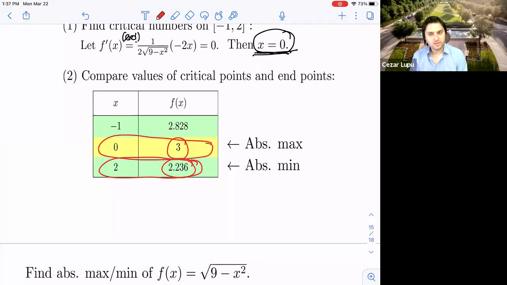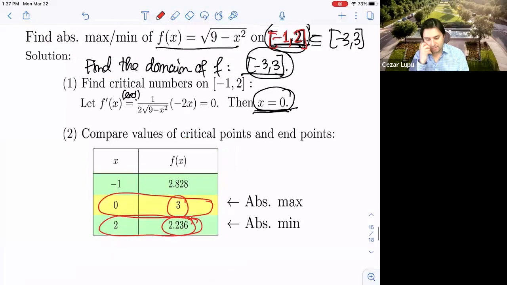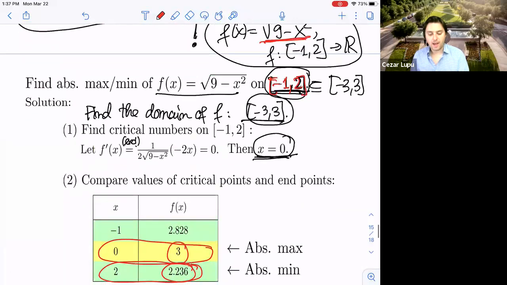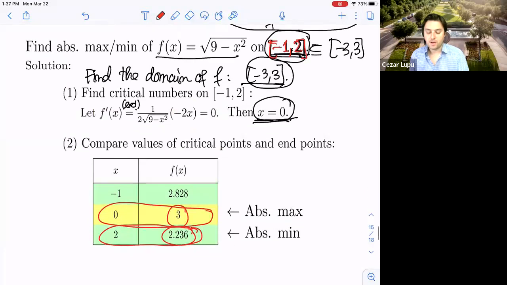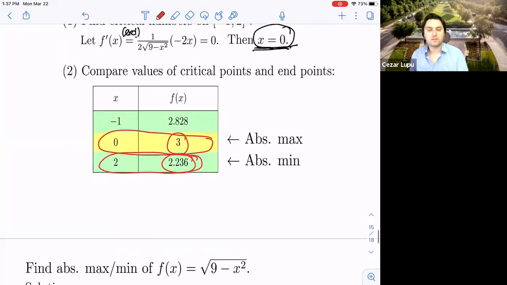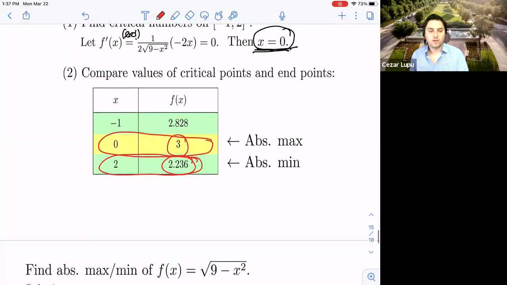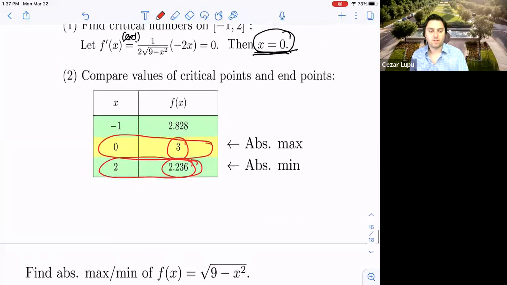Do you understand the difference? In the previous example, I told you to find the absolute max and absolute min of this function on this particular interval. Now I don't specify, but maybe you can tell me what is the interval at which this function is defined?